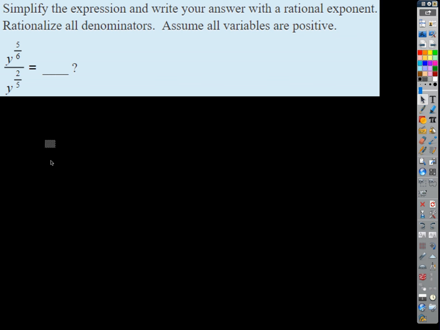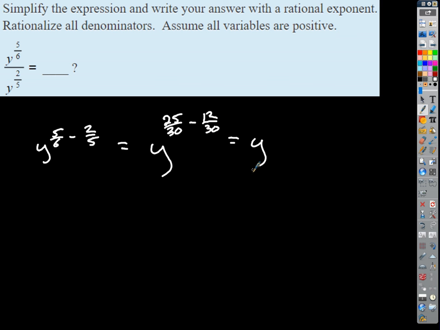So I know I'm gonna get, okay, and so I gotta get a common denominator, that's gonna be 30, right? So I'm just gonna get y to the, if I multiply by 5/5, I get 25/30 minus 12/30 equals y to the 13/30.